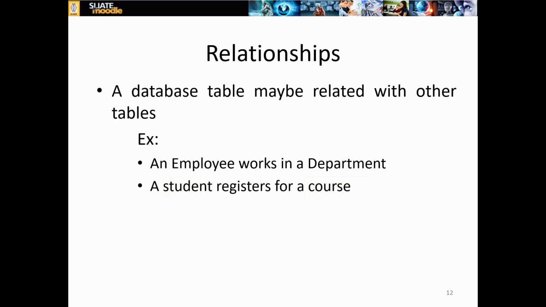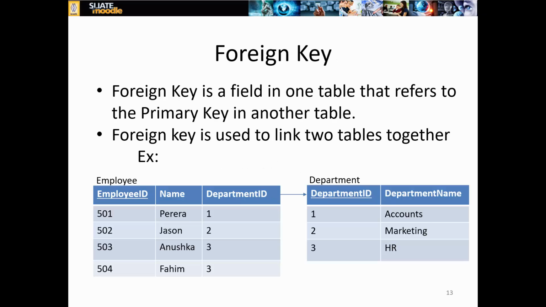In a database, to establish these relationships, we need to implement something called a foreign key. A foreign key is a primary key from one table added to another table. This is used to link the records in those tables together.